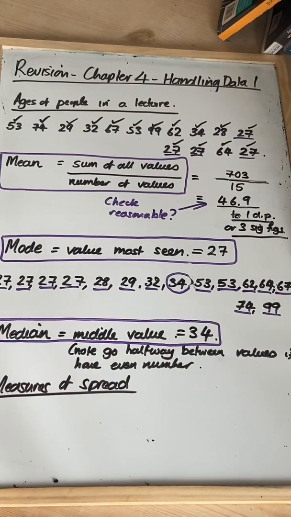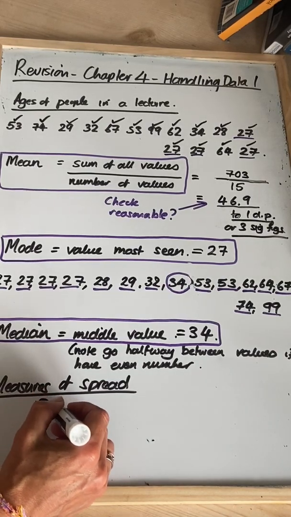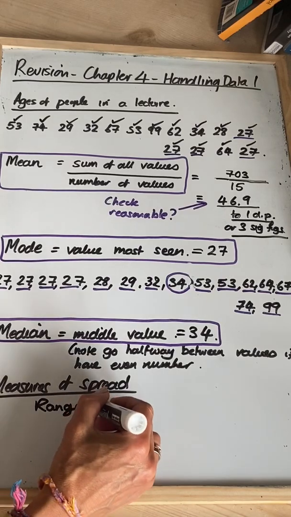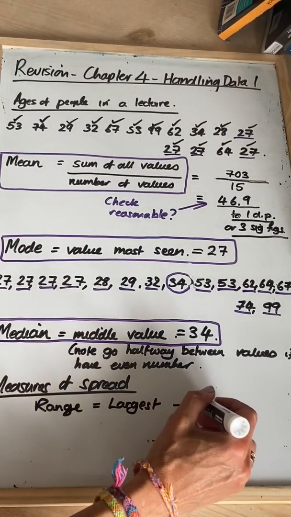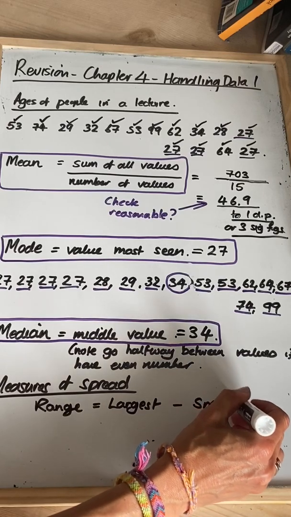Right, measures of spread. The easiest one is the range. Literally that is your largest data item minus your smallest data item.